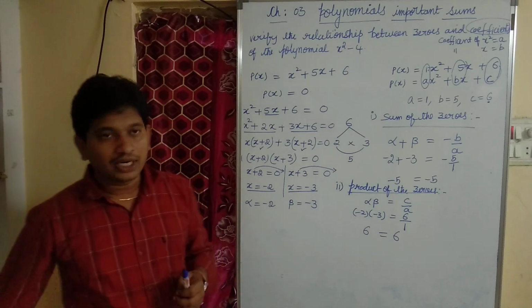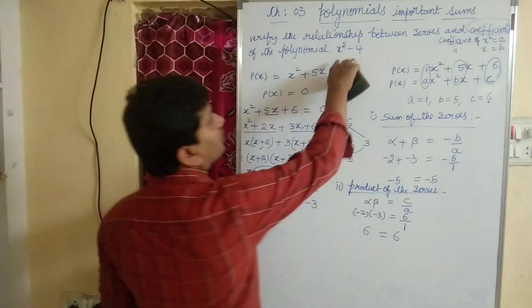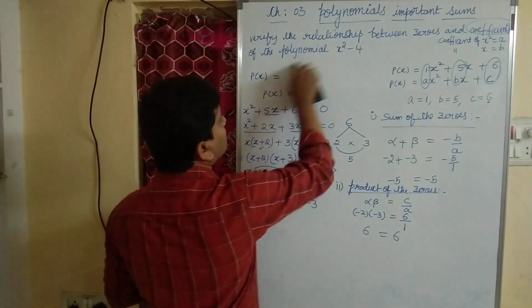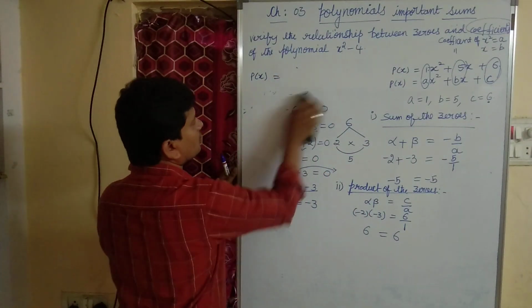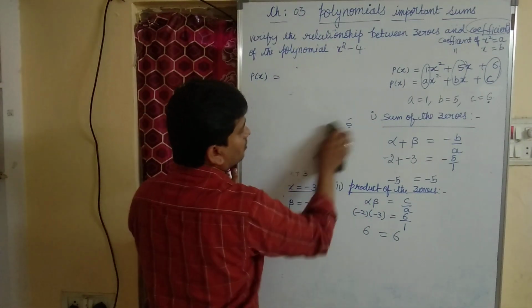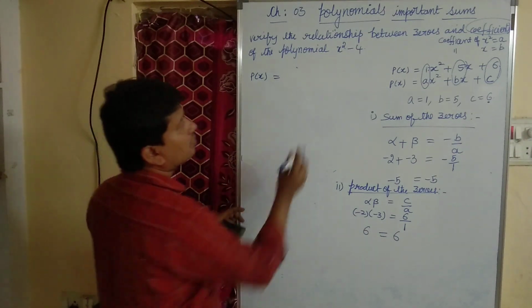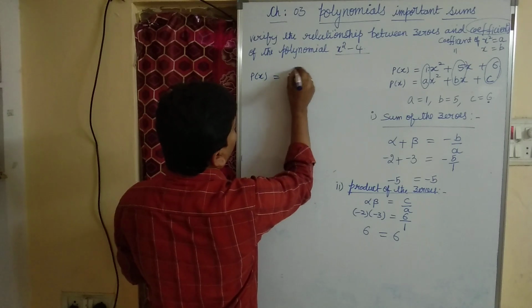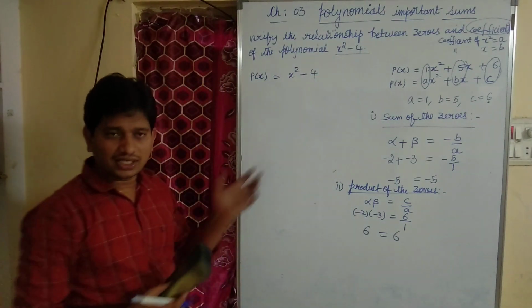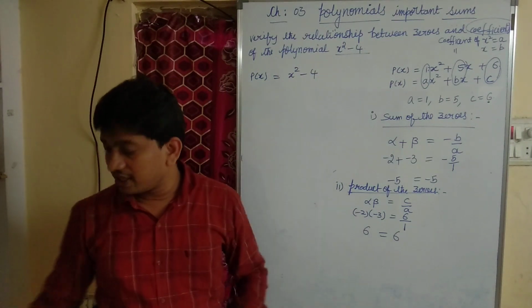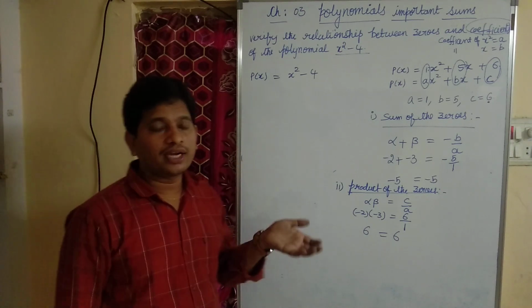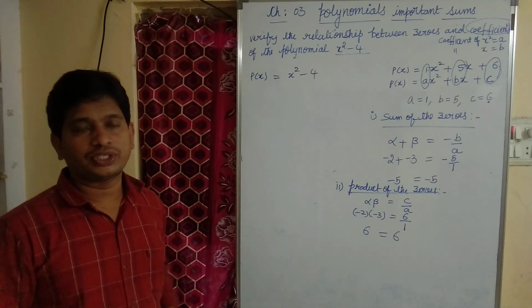Okay, so let us go with one more polynomial that we consider, p of x is equal to x square minus 4. Let us clearly understand what are zeros and coefficients.